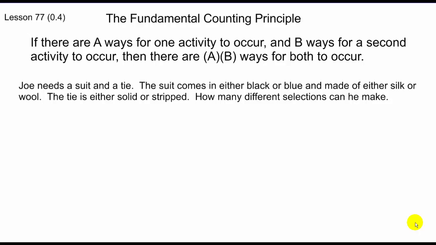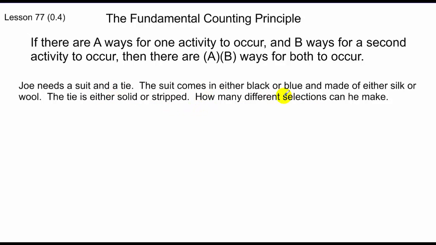So if I have an example like this where Joe needs a suit and a tie, and we know that the suit comes in black or blue and is made of silk or wool, and the tie is either stripe or solid, how many different selections can he make?